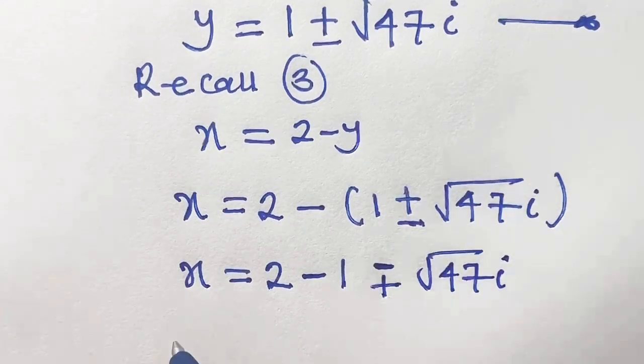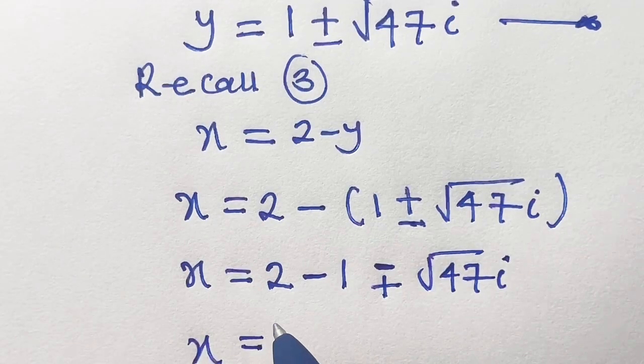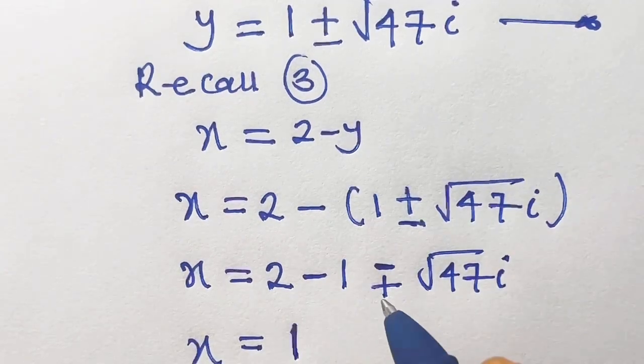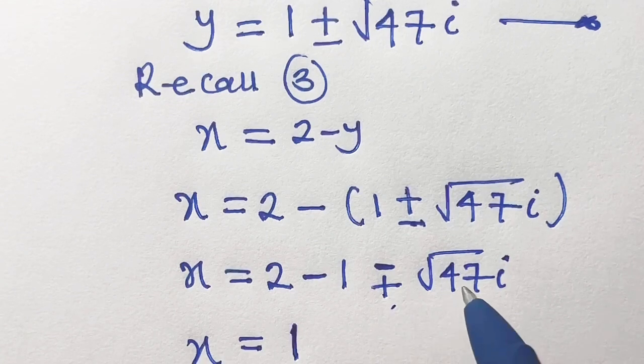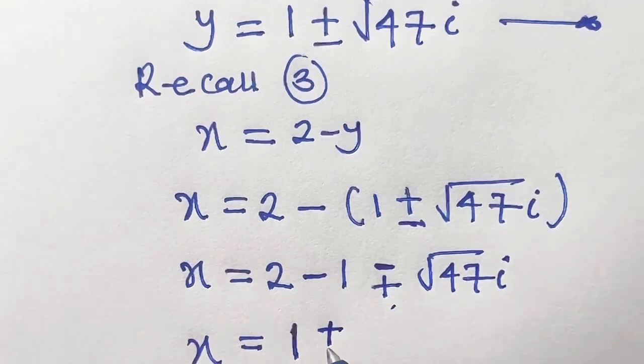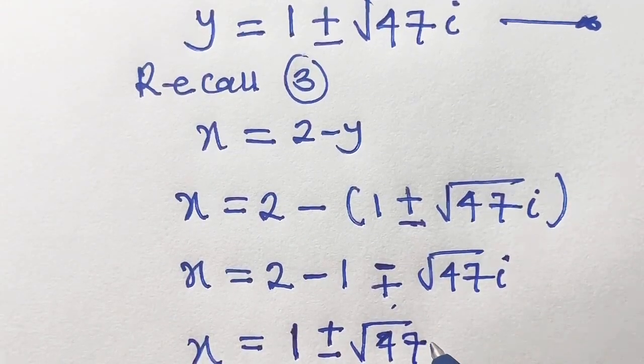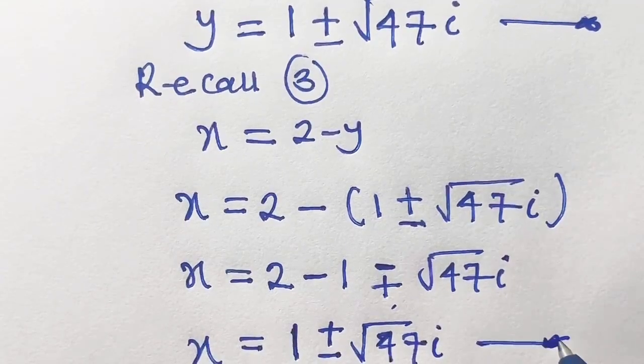Therefore, we will have x equals 2 minus 1, that is 1, but plus or minus square root of 47i is still the same as plus or minus square root of 47i. So these are values of x.